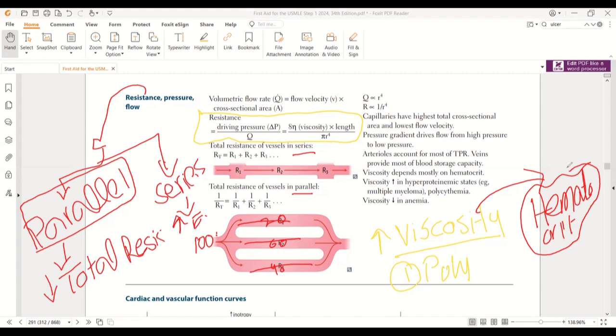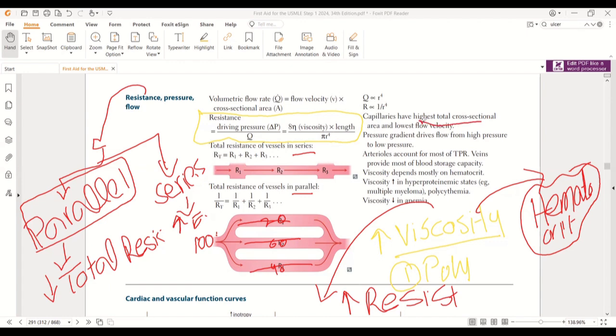So if there is increased viscosity, it will offer higher resistance, right? And we already discussed that arterioles account for most of the total peripheral resistance, right?